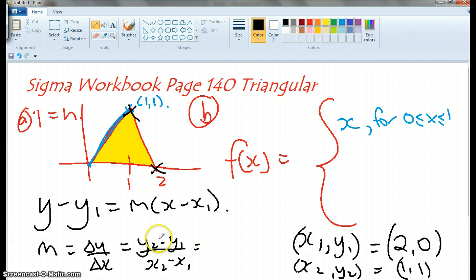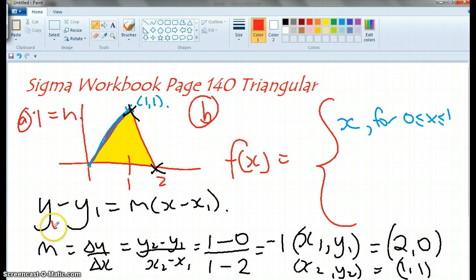Okay, so here y2 minus y1 over x2 minus x1. So what do we get there? -1. So we've got a gradient of -1, and then we're going to plug in either of these points. I'm going to choose this point because it's quite handy having the 0.